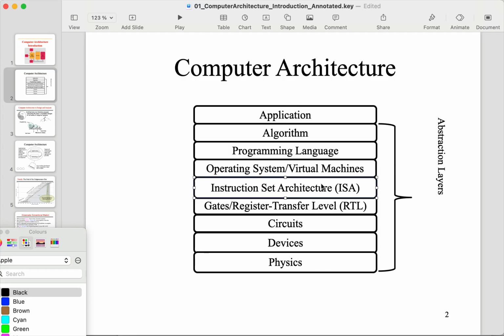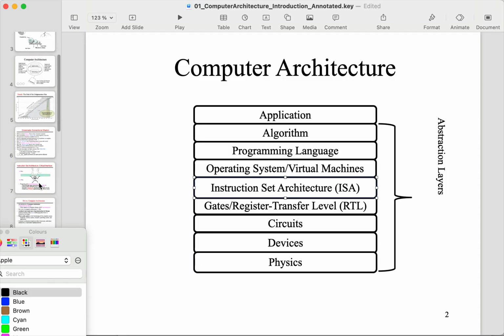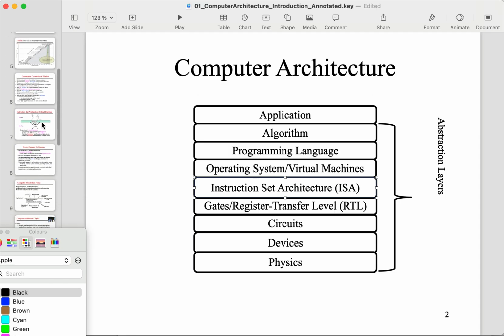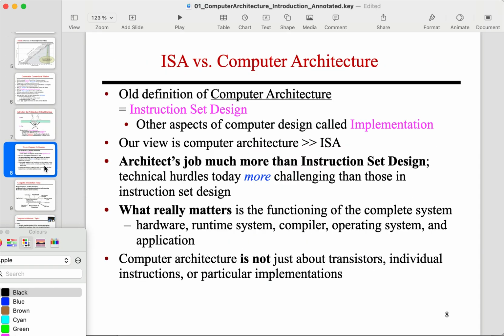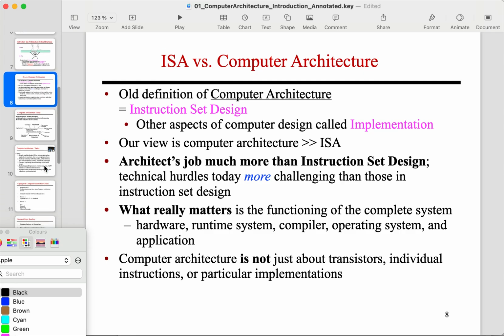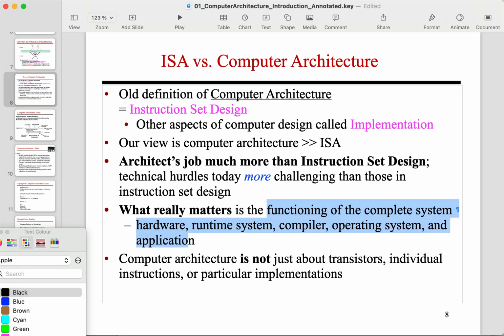Instruction set is only one level here, as we can see. So what matters is the functioning of the complete system with all of the layers that we have seen there. Hardware, compiler, operating system, applications that run on top of it.